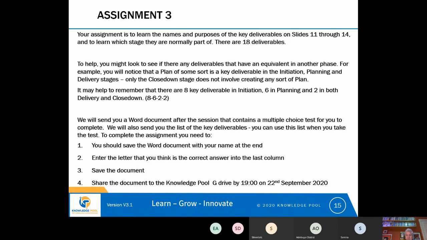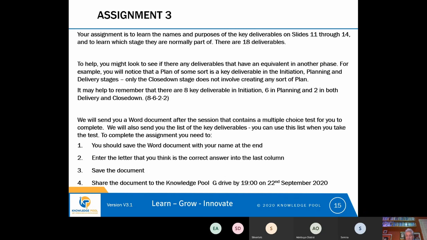So what you need to do is take the multiple choice test document, save it with your name at the end so that I can see whose is whose, and then answer the questions by putting the letter that you think is the correct answer into the last column against the question.